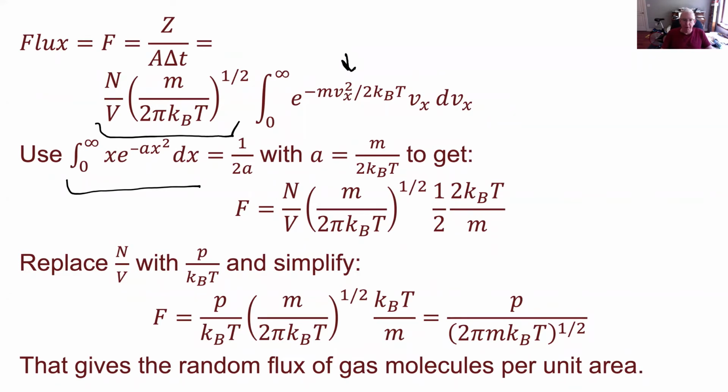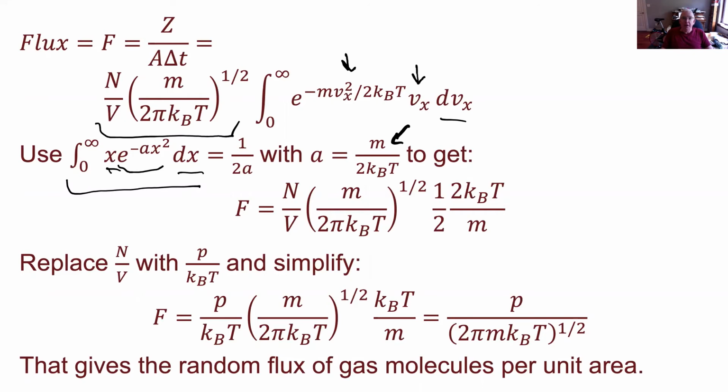Vx is my variable I'm integrating over, so think of that as being in the role of x. Here is a vx, so that's the x dx piece. My exponential piece is then e to the minus ax squared. To translate that, a is equal to this quantity here, m over 2kT, because that's the stuff that's multiplying v squared in the exponent.